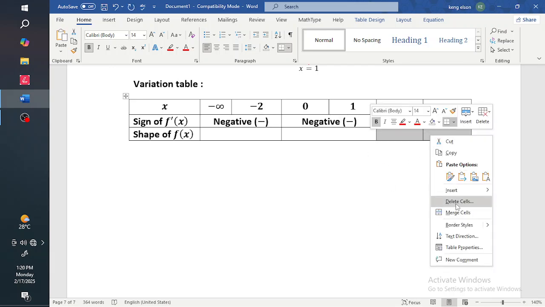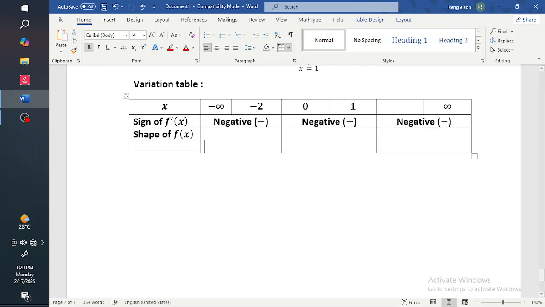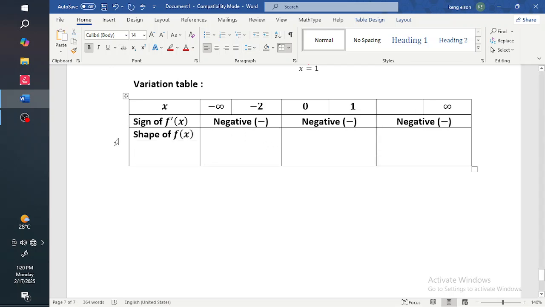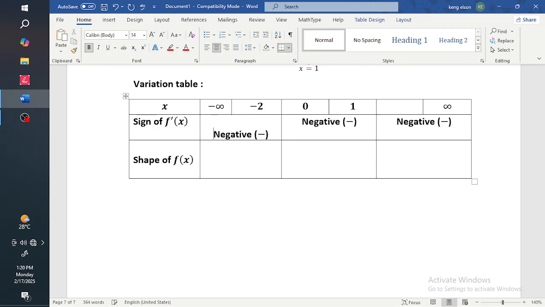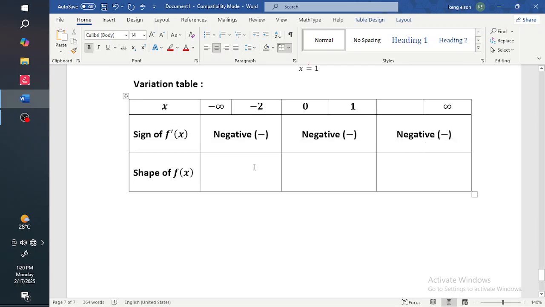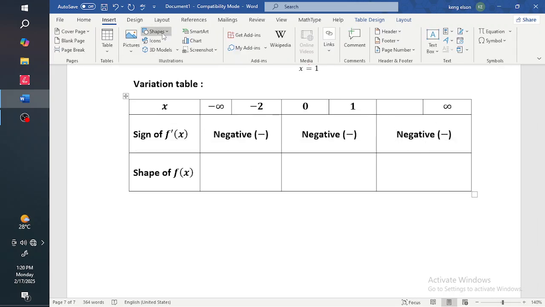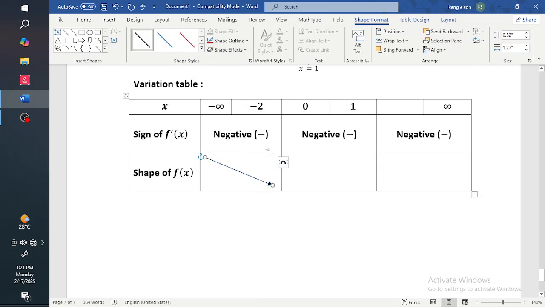Since it's decreasing in all intervals, what we are going to do is put an arrow that shows that it is moving downwards.